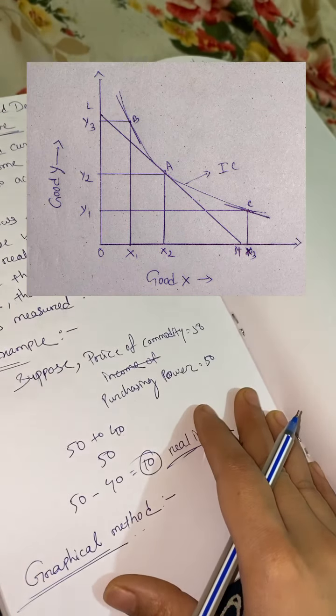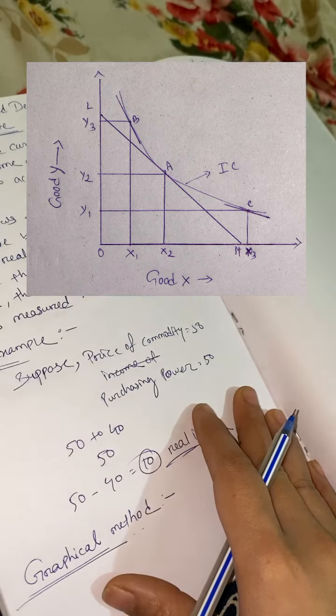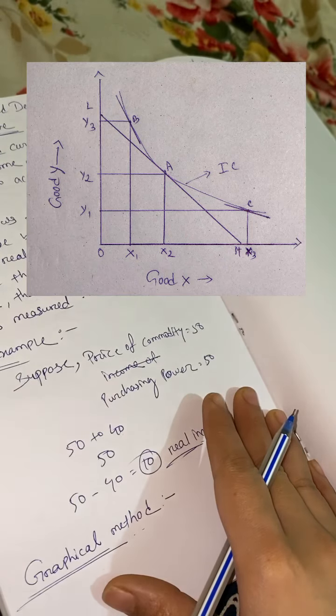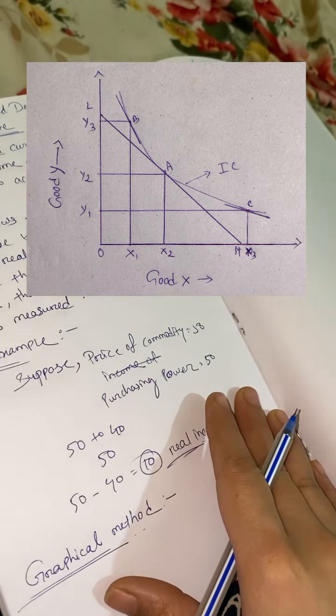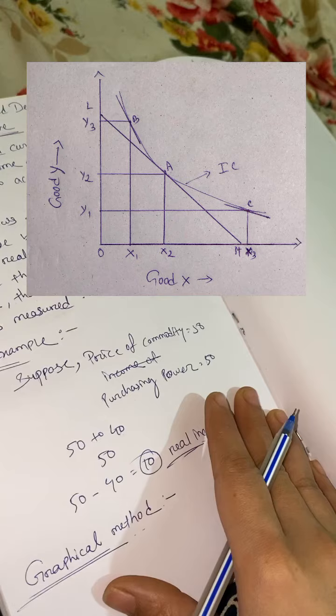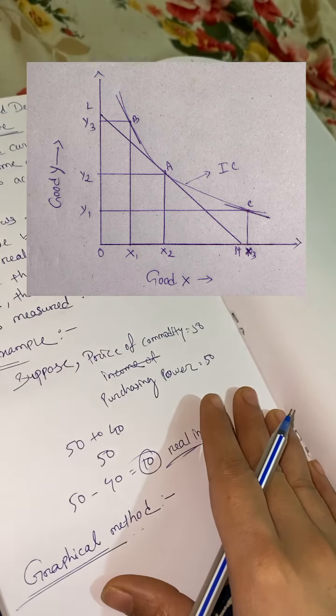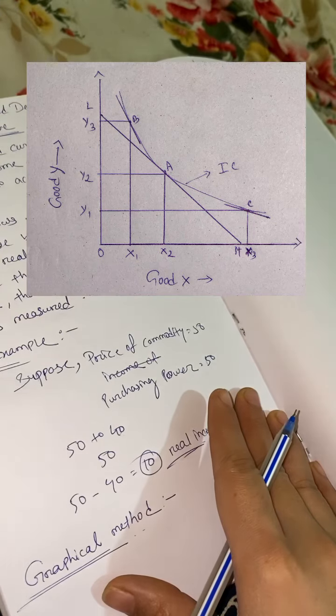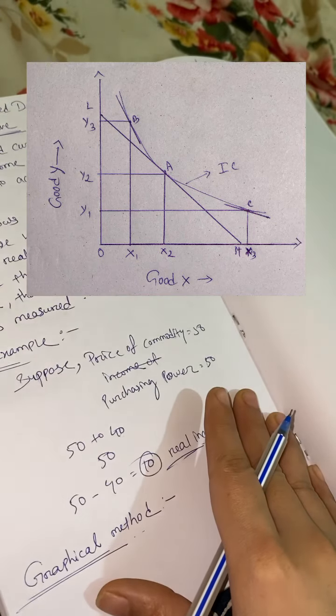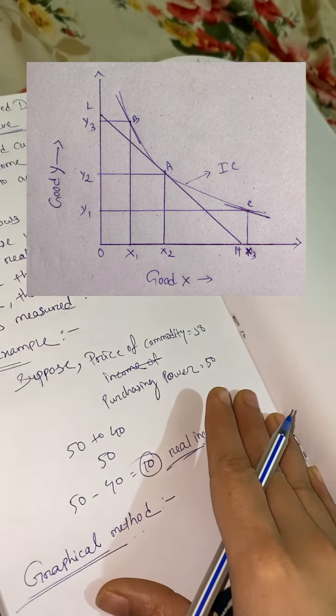It means that when the price of a commodity increases, the consumer will consume less of that commodity. So in the before situation the consumer consumed OX2 at point A, but at point B he consumes the lesser amount OX1.